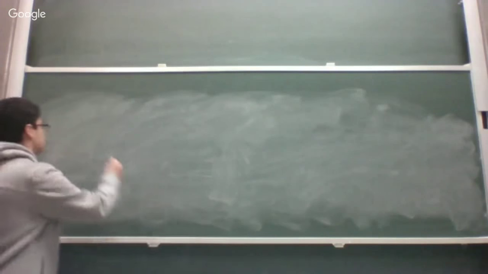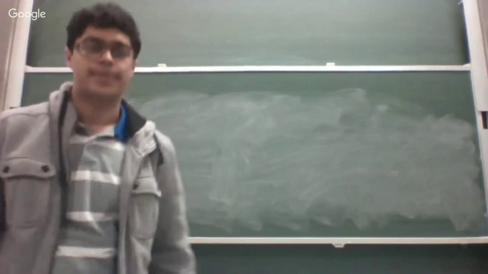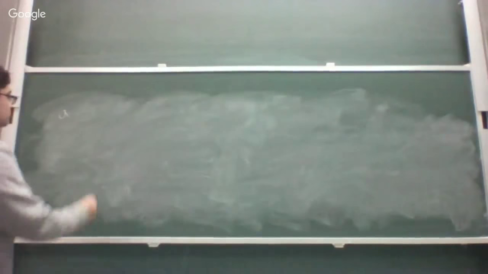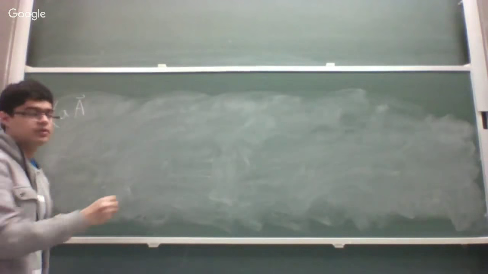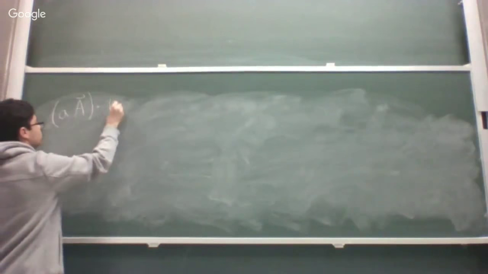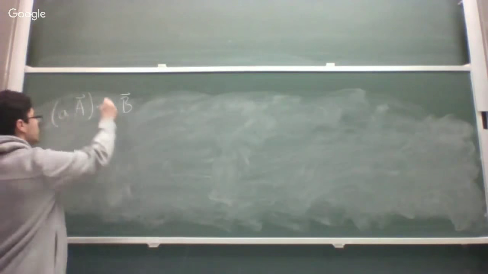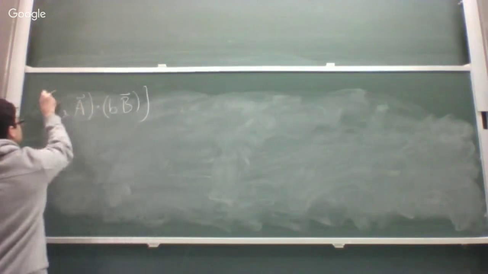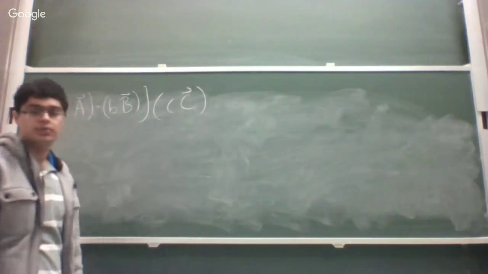So we have A, with big A, dotted with B, with big B, and that's with C, C on top.